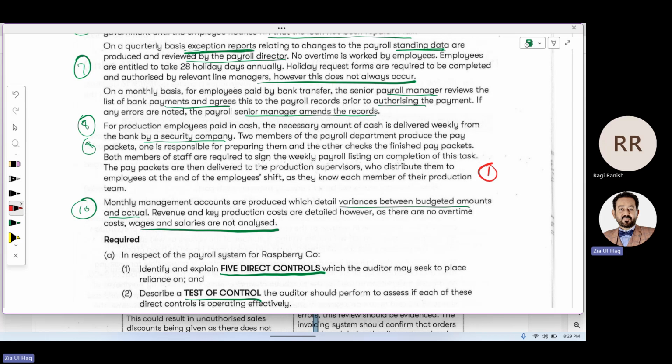The production supervisor. So the production supervisor is also recording the hours, so he could create fictitious hours and then distribute payment with each other. So there should be segregation of duty, like a person other than the production supervisor, like the accounts department, should be responsible for distributing wages to the employees.